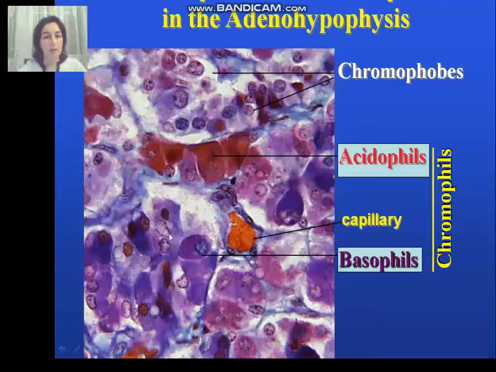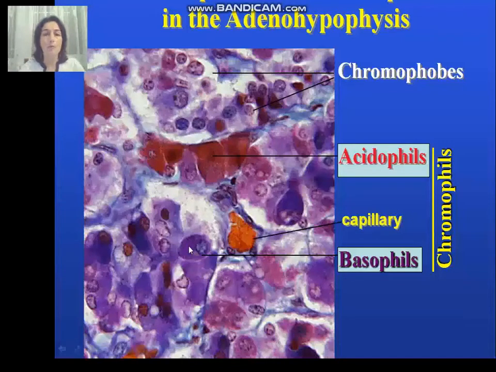And the adenohypophysis. The adenohypophysis has ectodermal origin, and here we have two main kinds of cells. These are chromophobes, which do not take any stain, and chromophils. Of chromophils we have two types, acidophils and basophils.